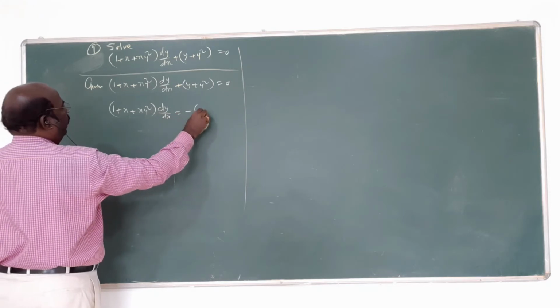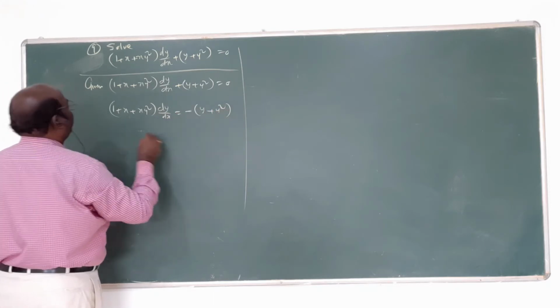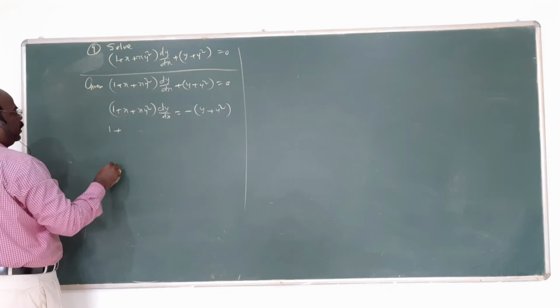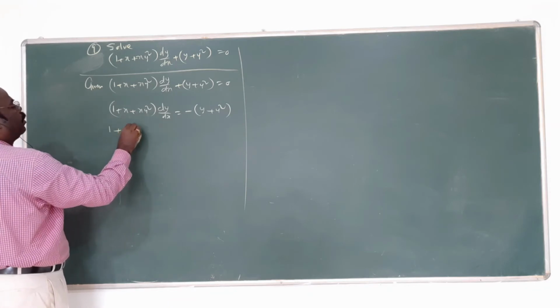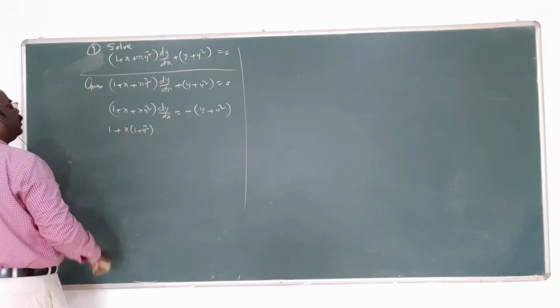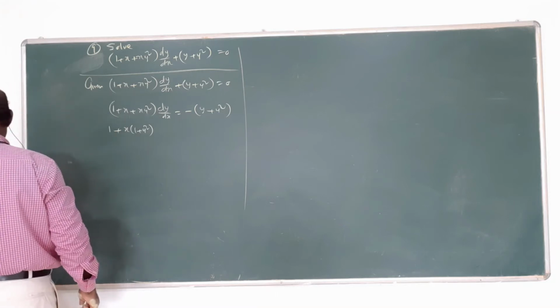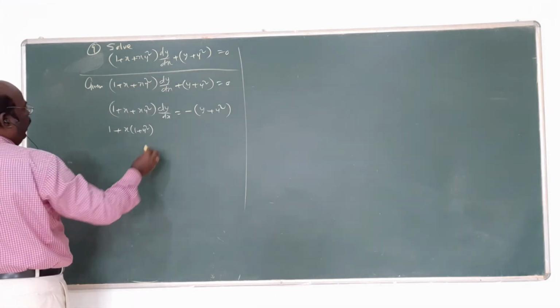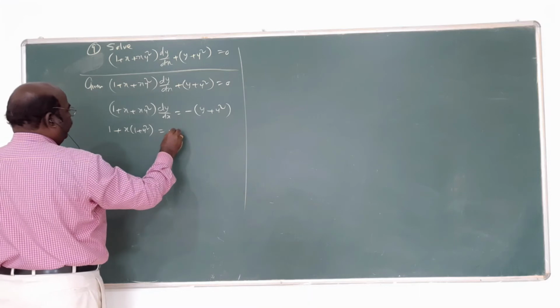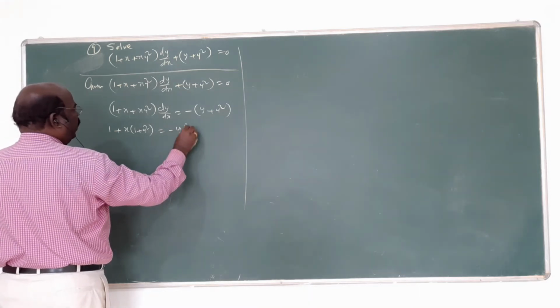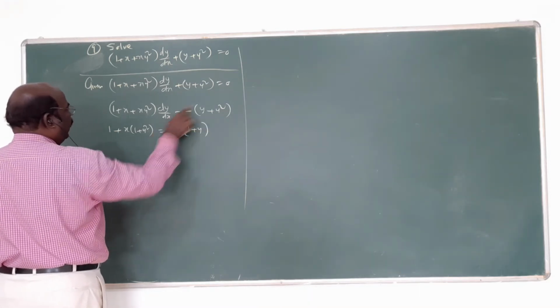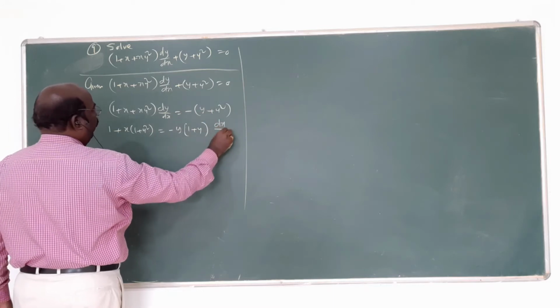Here minus y plus y square. Am I right? Now out of these two terms, x is common. 1 plus y square. Next here minus y is common. y into 1 plus y, dx by dy. Am I right?